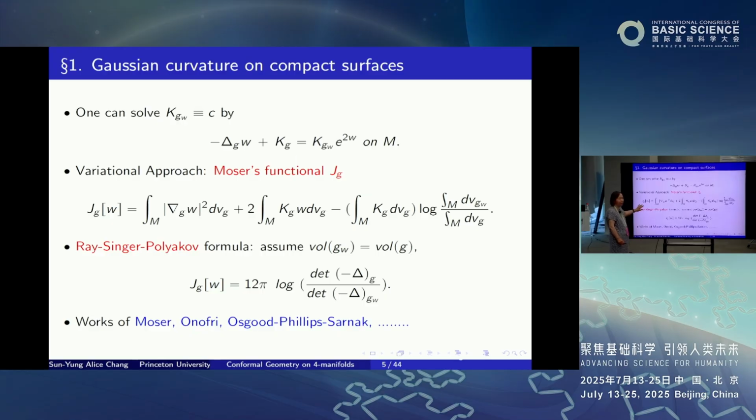This Moser functional turns out to have another important geometric interpretation: it is the difference of the log determinants of minus Laplace of g and minus Laplace of g_w, the quotient of those. And this is the log determinant in the sense of Ray-Singer zeta function regularization.